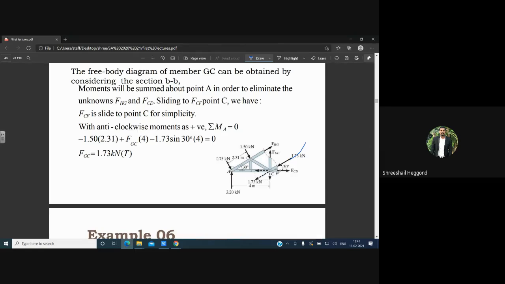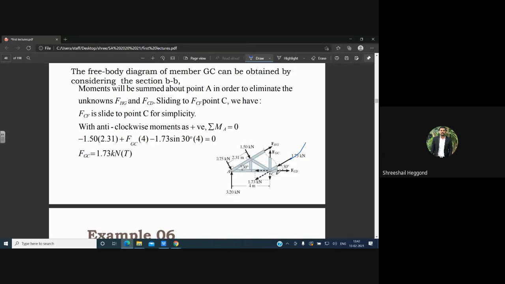Free body diagram for member GC can be obtained by considering the section BB. Moment will be taken about point A, that is the A joint, that is the hinge support, in order to eliminate the unknowns, that is FHG, the inclined member, and FCD, that is the horizontal member.